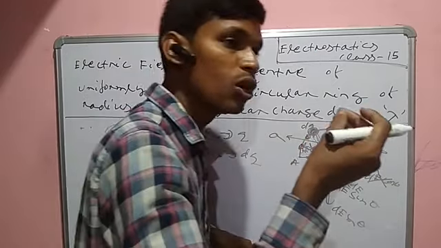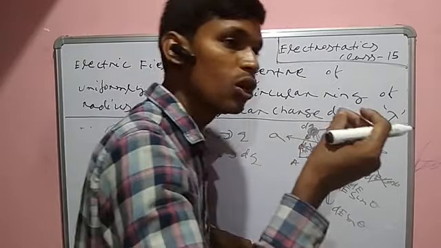Every charge element creates a horizontal electric field component equal to dE cos theta. In the vertical, dE sin theta.